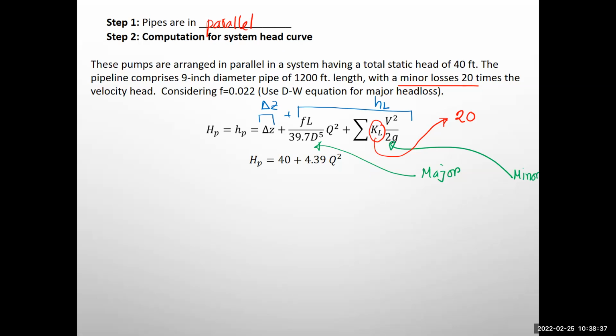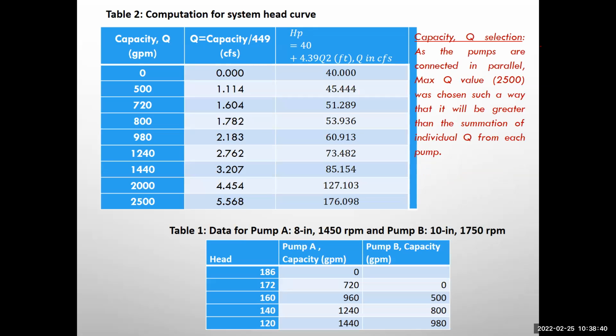So that's what we did, but there is a note here. Can anyone read the note you have here? As the pumps are connected in parallel, Q max value 2500 was chosen in such a way that it would be greater than the summation of individual Q in each pump.